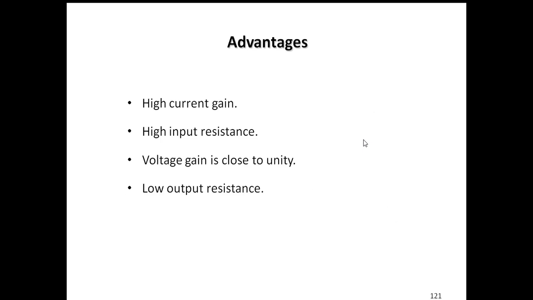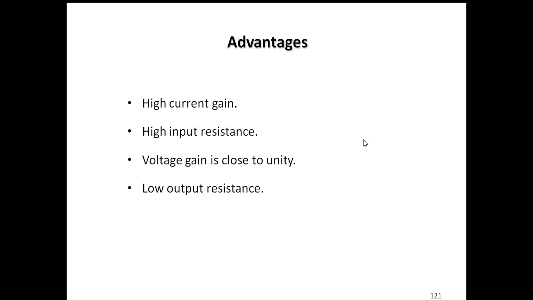VCC is the DC voltage used to operate the transistor in the active region. Since the current gain of the first stage transistor and the current gain of the second stage transistor, that is beta 1 and beta 2, both get multiplied, the current gain will be high, and it also gives very high input resistance. The input resistance of a single stage common collector is, as we know, high. Therefore the second stage input impedance gets added.